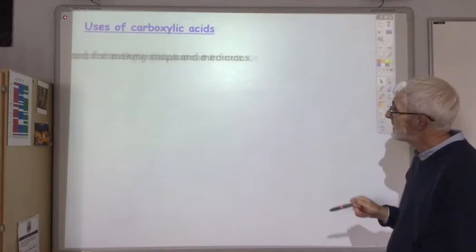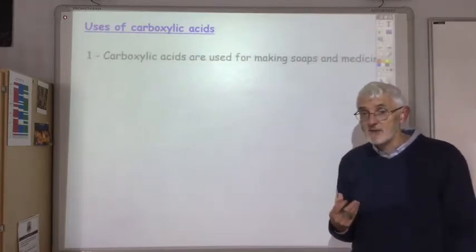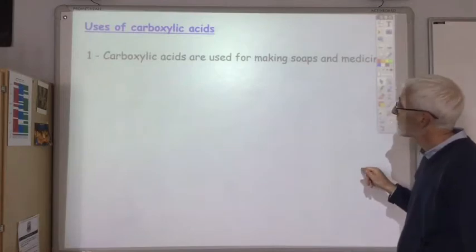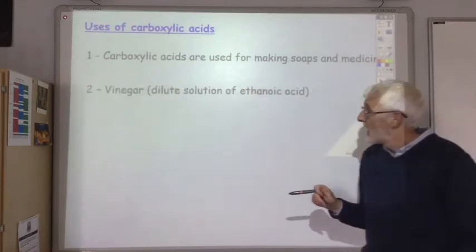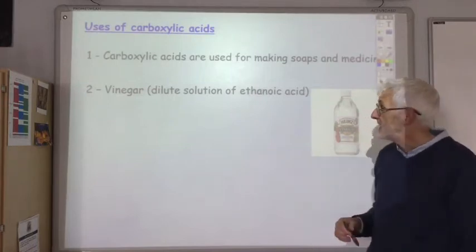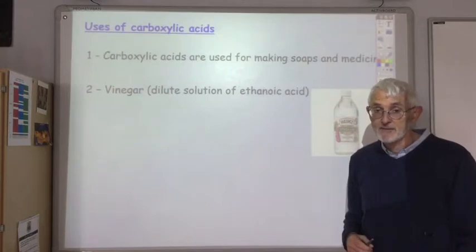Okay, what about the uses of carboxylic acids? Right, they're actually a good starting point for making a lot of useful products like soaps and medicines. And one carboxylic acid which has a lot of uses in our society is vinegar, which is a dilute solution of ethanoic acid.